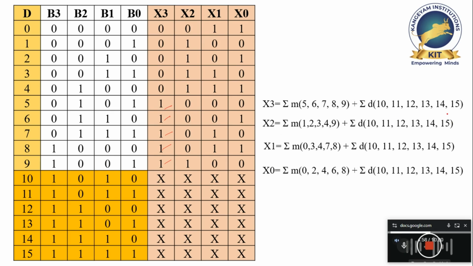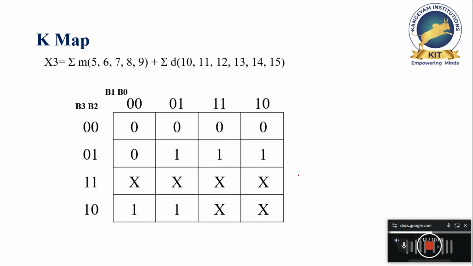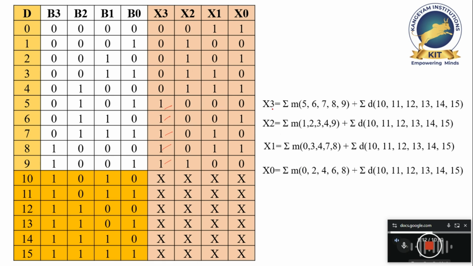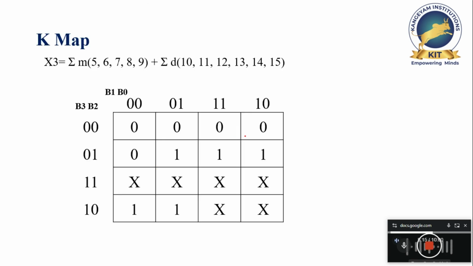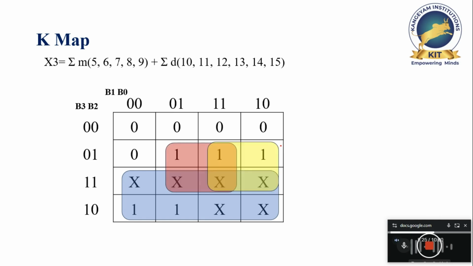This don't care condition will come for all the outputs. We can see all the outputs have don't care conditions. Using this, we are going to draw the K map. When I consider x3, starting from x3, this is my K map table. So how many groups will be there? This is how my groups come into the picture.